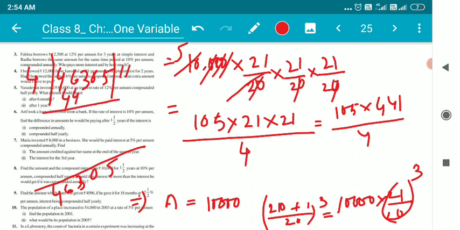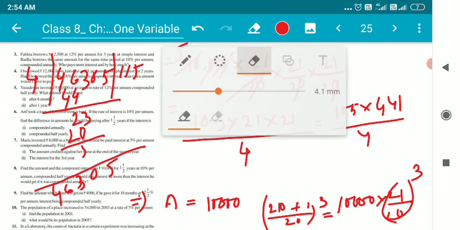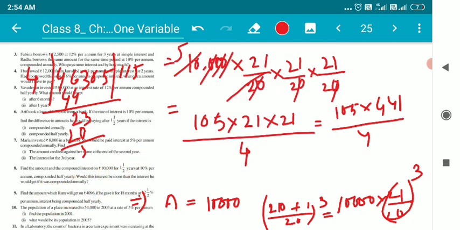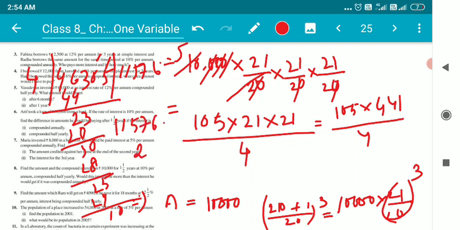44, 2 and 3 will come down, 4 5s are 20, 3 will come down, here 1 0 will come down, 4 7s are 28, 2 will come down, and here it is 5, 4 6 are 24, 1 will come down, I'll get a point 0, so it 2 5, so 11,576.25.